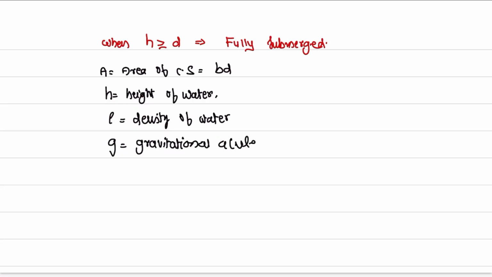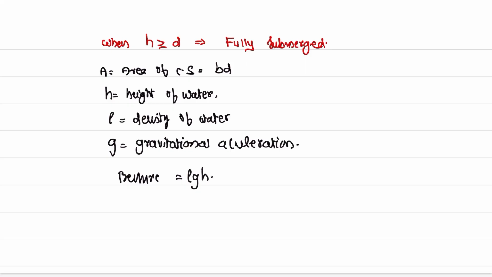In this case, what is the pressure intensity acting on the vertical surface? Pressure is equal to rho GH.